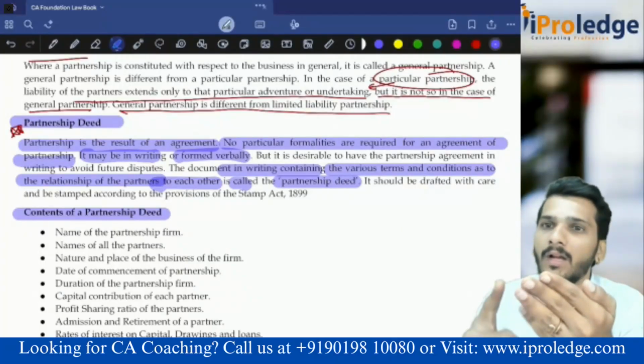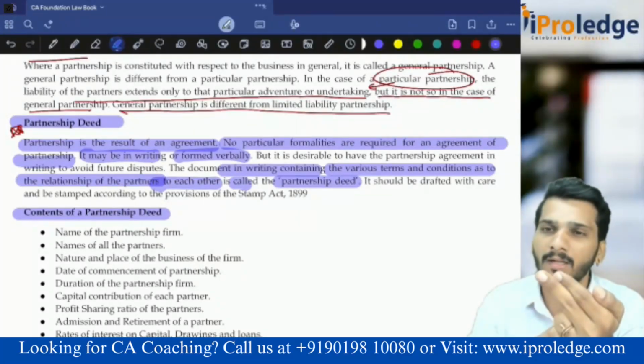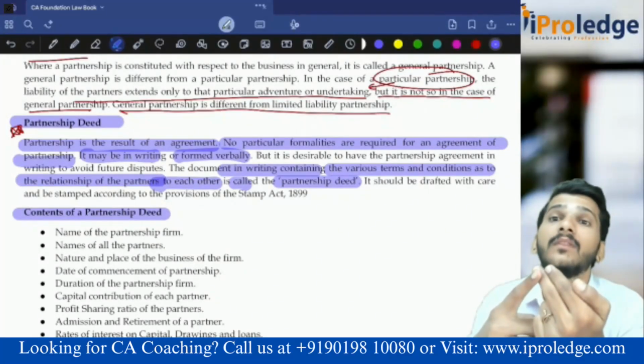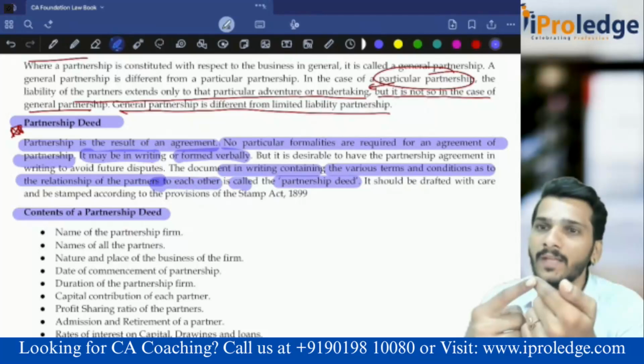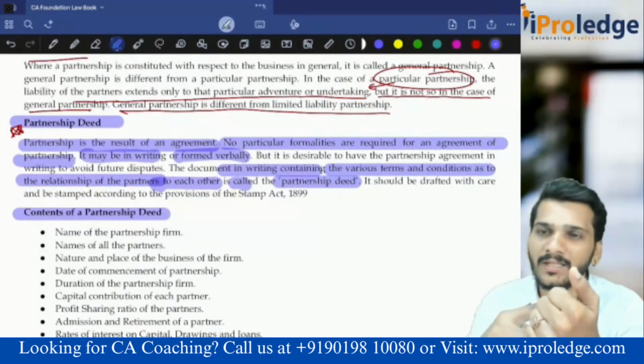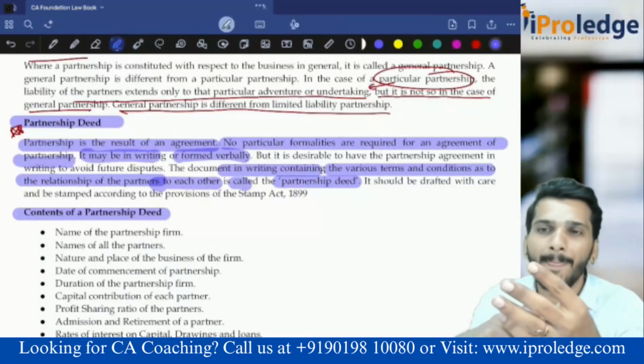Admission and retirement. If it is a particular partnership, sorry, a fixed period of partnership, then duration has to be there. Then PSR and capital contribution ratio should be there. If they have given extra capital like a loan, what is the interest rate? Can we expel the partner? Expulsion of a partner should be there.